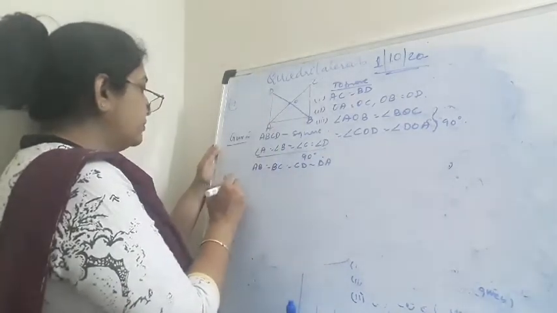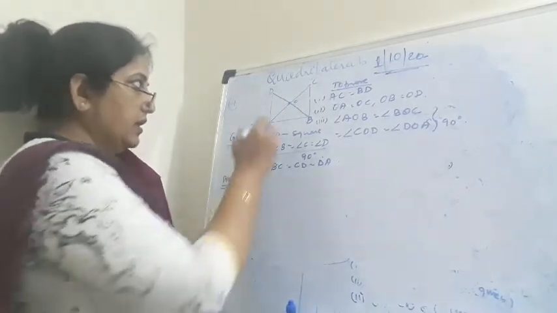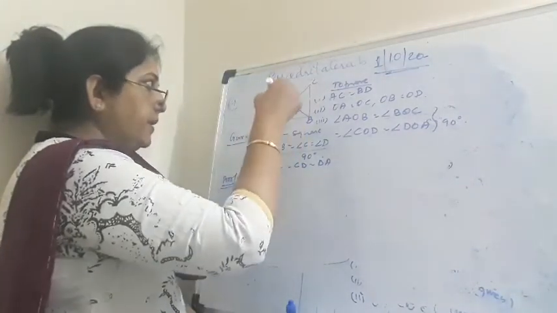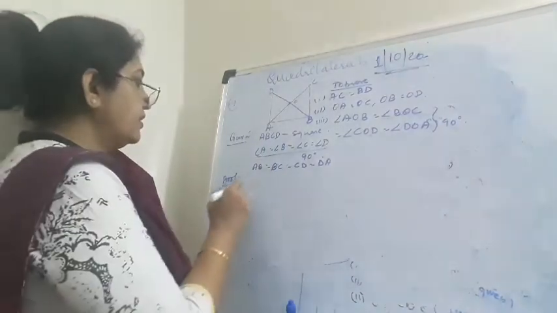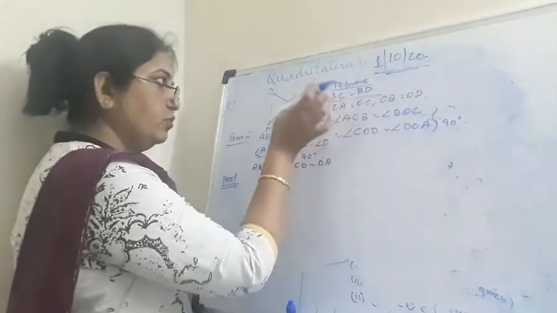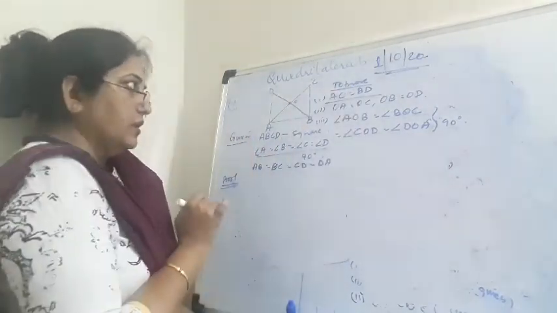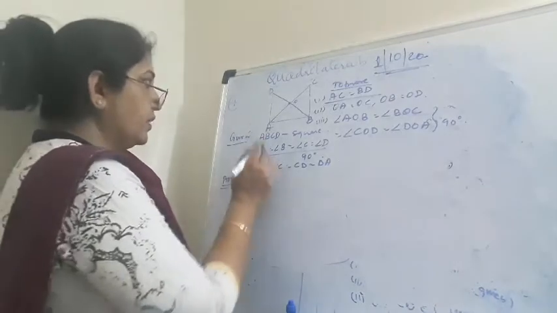Now proof. Now first point, AC and BD. So let us consider the two triangles in such a way that we get the first part. That means we have to consider the two triangles in such a way that we get AC and BD. So which two triangles will we take?